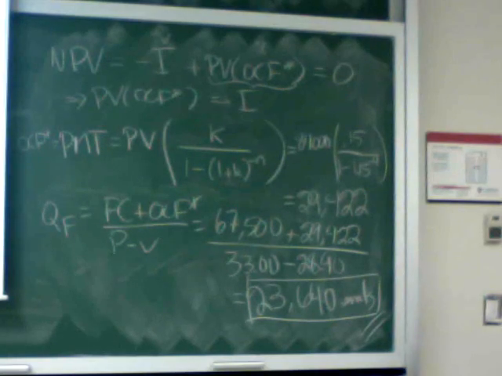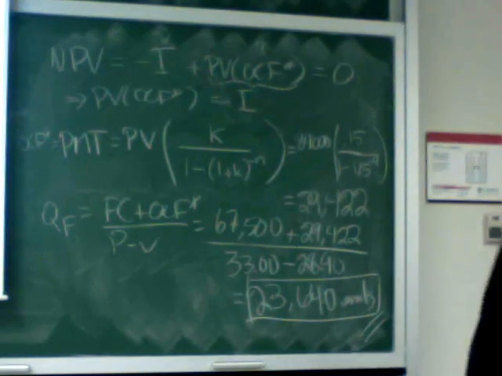So that's how you do a financial break-even. In chapter 11, that's the most difficult. Chapter 11 is not as difficult as 10, because financial break-even is the toughest problem type in that chapter.